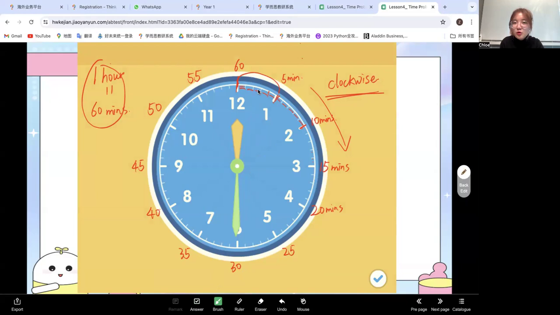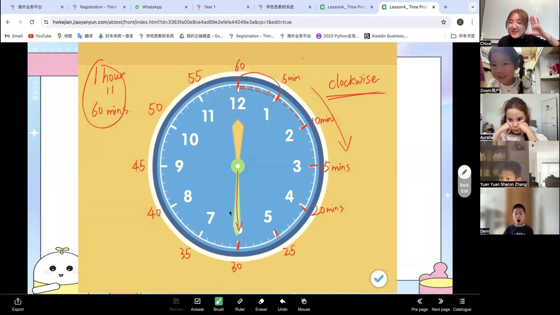We can count the smaller sections, right? So 5, 10, 15, 20, 25, and then 30. So when the minute hand is pointing to 6, how many minutes are there? Tell me. 30 minutes. Make sense?